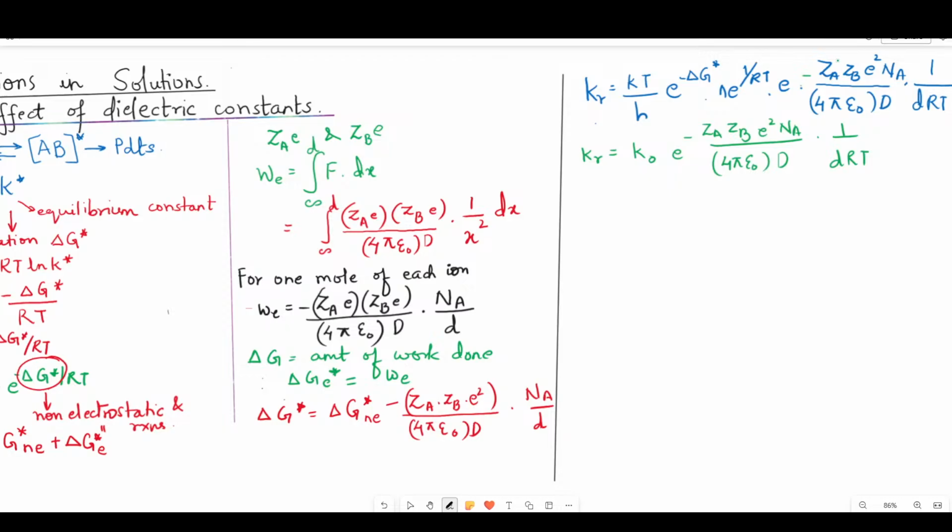So what is K naught? K naught is equal to Kt by h e raised to minus delta G star non-electrostatic into 1 divided by RT.